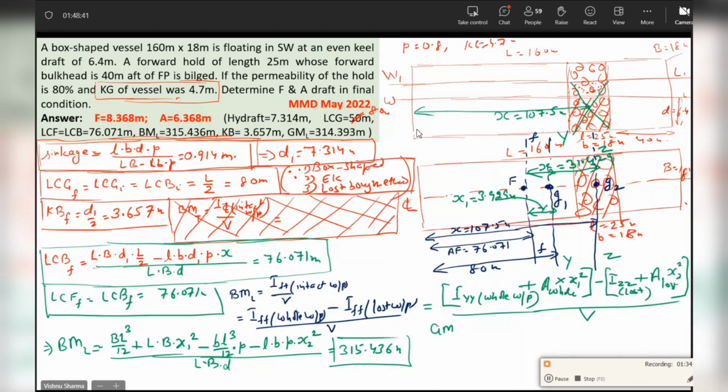GML will be equal to KML, which is KB. KB was 3.657. PML is 315.436 minus the given KG 4.7. This gives you GML of 314.393 meters. Am I right, guys? I'm picking up these values from the answer on top.